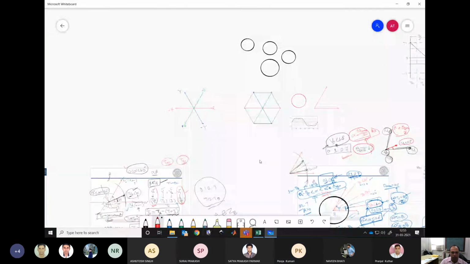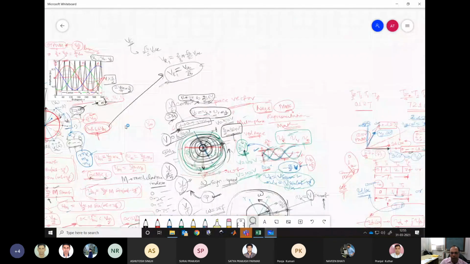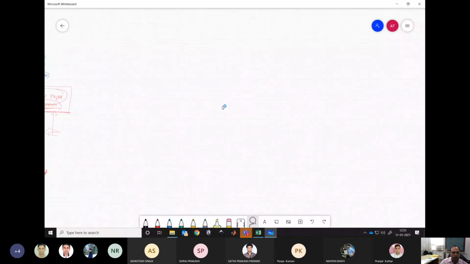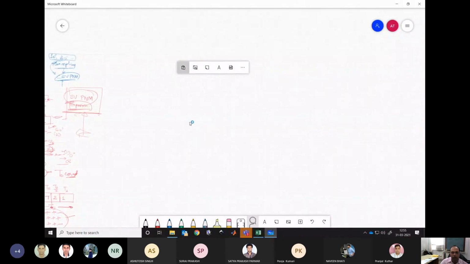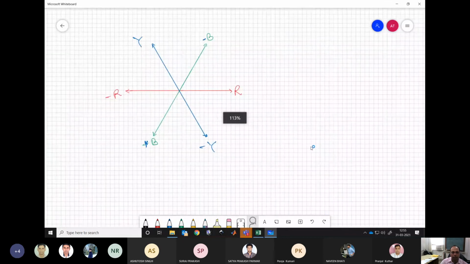Now, let us have some understanding about what we can do where. Now we need to understand our hexagon in a little more detail. What is happening to that, or what we are doing actually. So in this hexagon, or in this space vector, we have all these locations for different vectors.